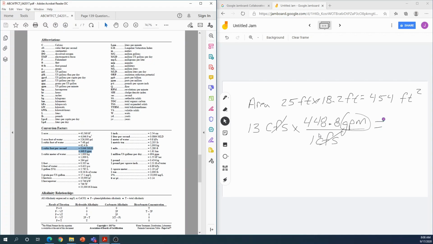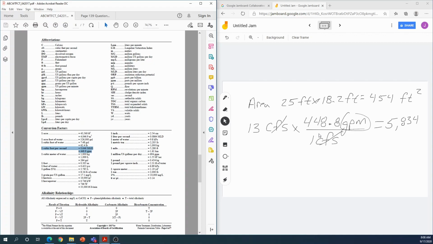So 13 CFS times 448.8 gallons per minute per CFS gets us 5,834 gallons per minute. So again, they want to know the backwash rate in gallons per minute per square foot.